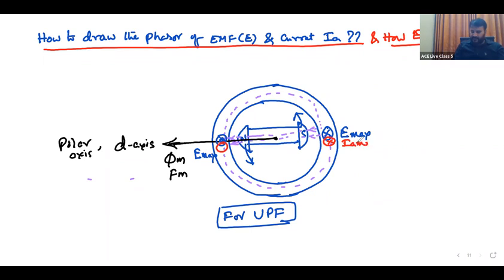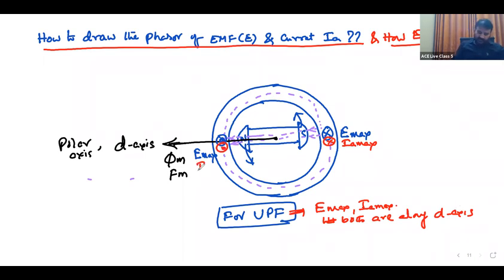So E maximum and IA maximum are both in the same phase, at the same instant, in the same conductor, both along the d axis.